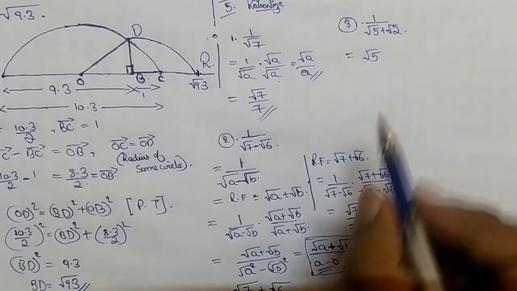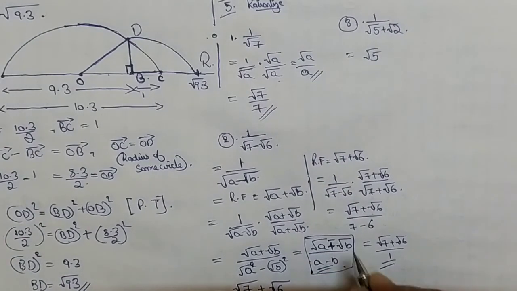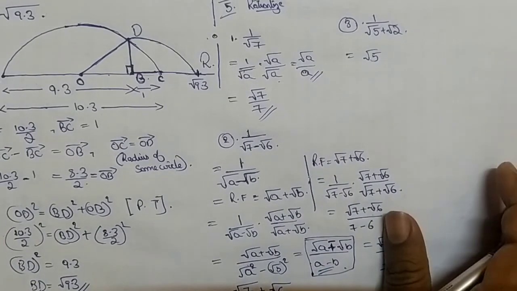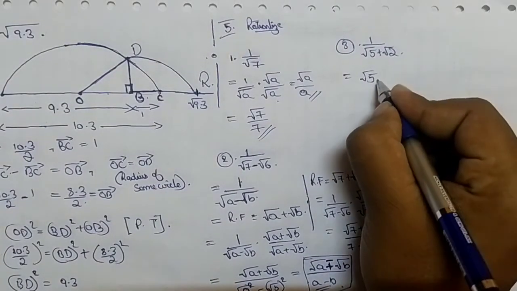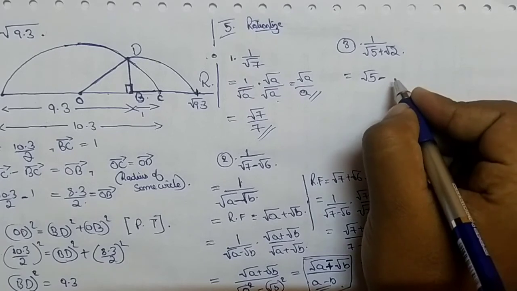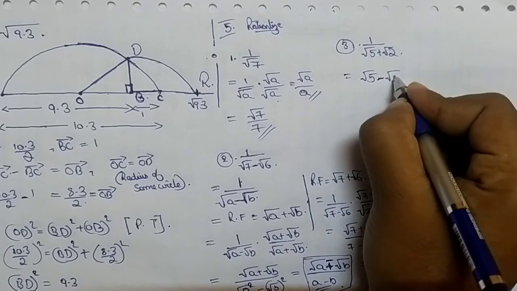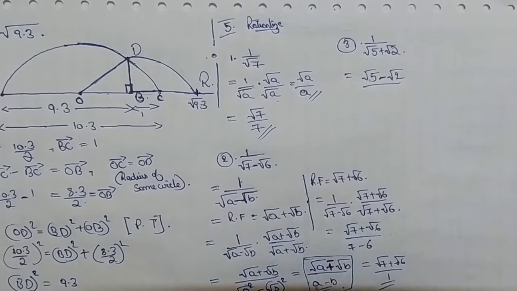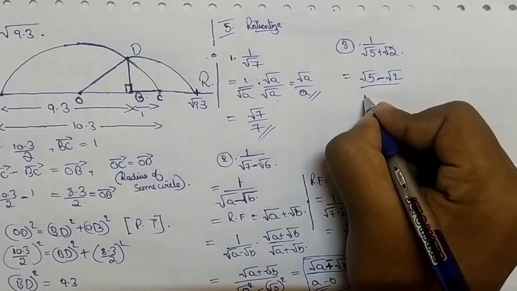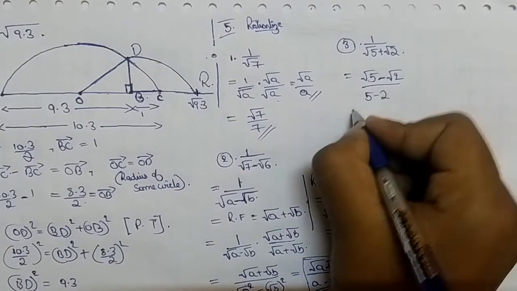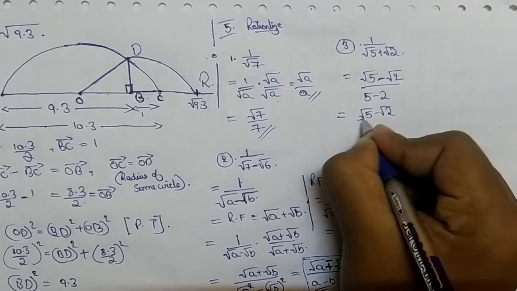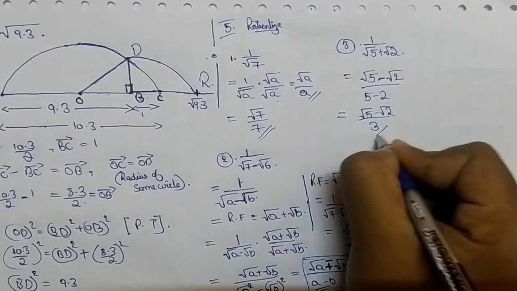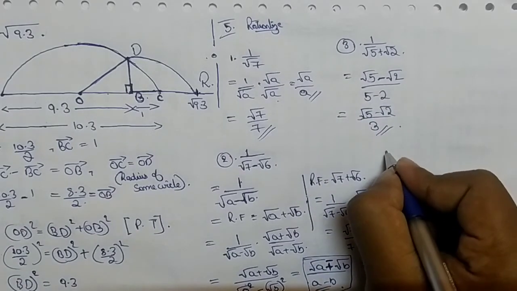If there is a plus, the numerator is going to be minus. Remember that. Here there is a plus in the denominator, so take the numerator as minus, and root b is root 2, divided by a minus b. This is going to be 5 minus 2. Root 5 minus root 2 over 5 minus 2, 3. This is your answer. So simple.